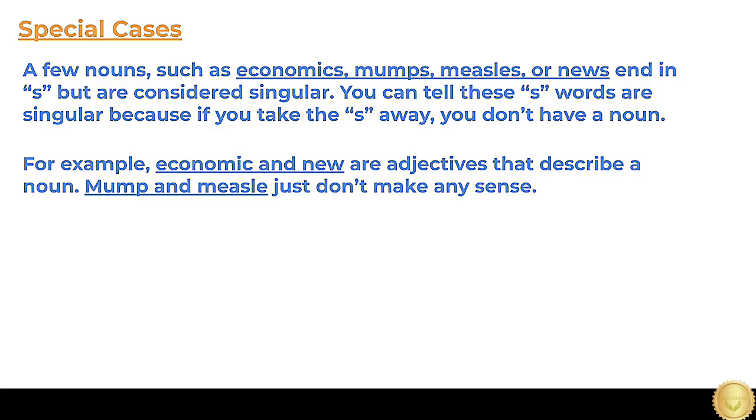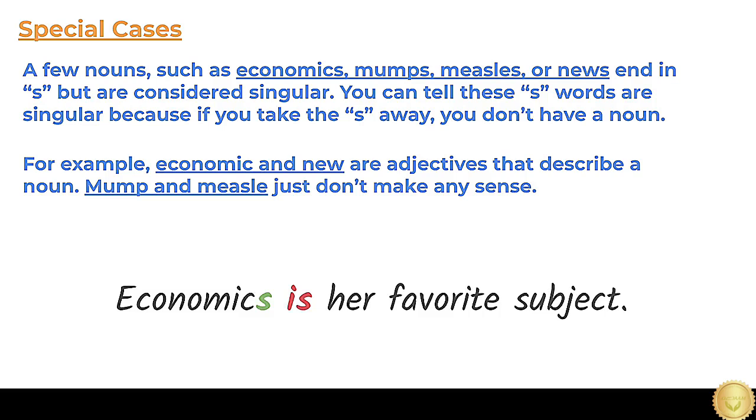And mump and meas aren't words, they don't make any sense. So either the noun becomes an adjective or it becomes a nonsensical word. Economics is her favourite subject. So there we go, we've got our S there. However, we still use that singular form of the verb.